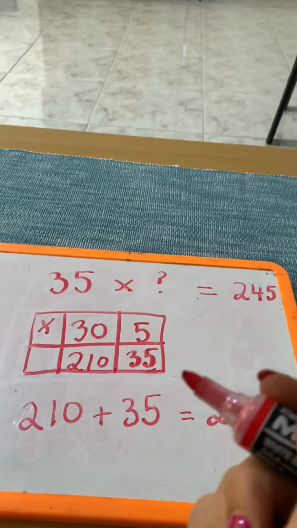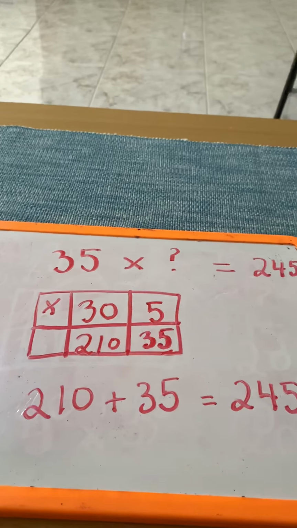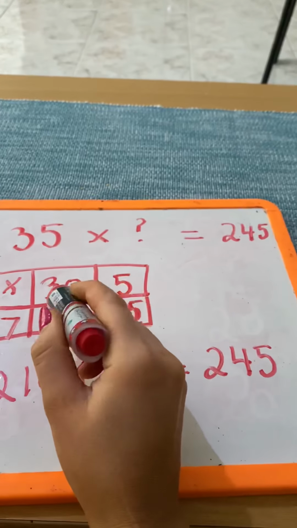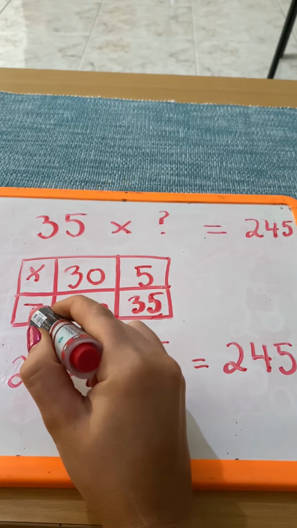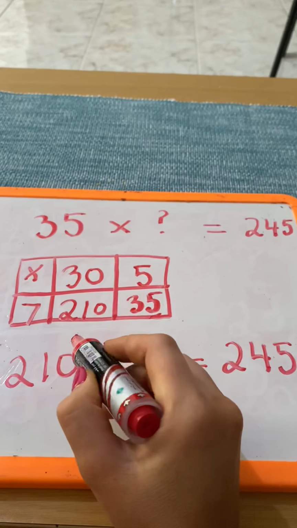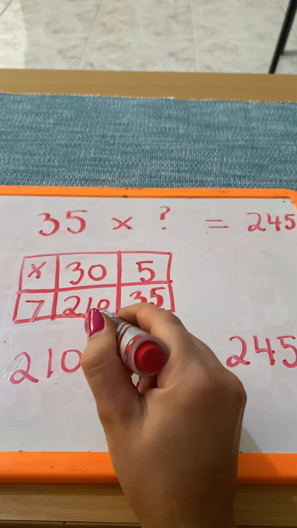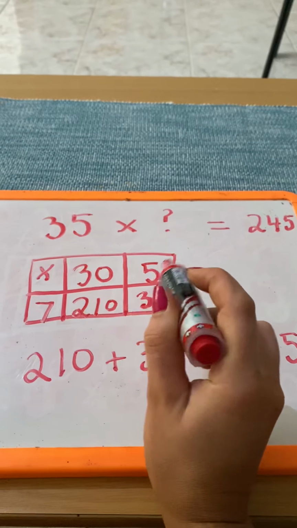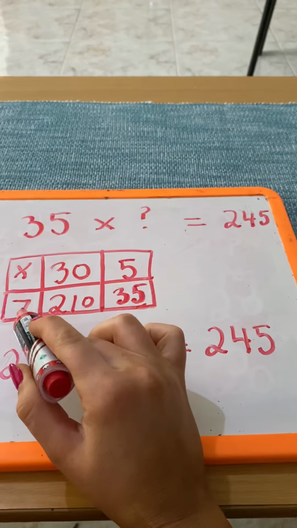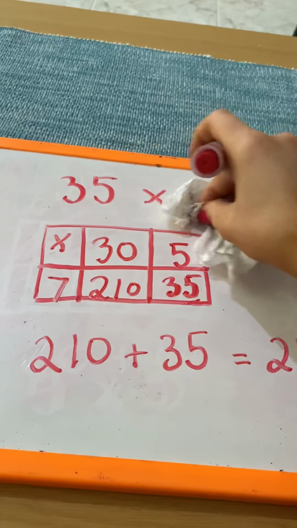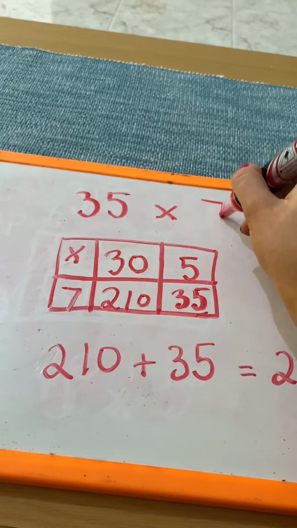Hopefully we've all done a bit of thinking and figured out that our number is 7. So 3 times 7 is 21. So 30 times 7 is 210. And 5 times 7 is 35. So we know our function is 7.